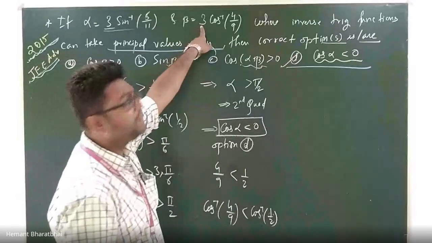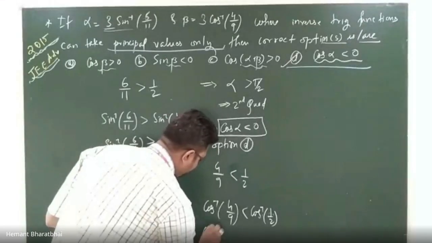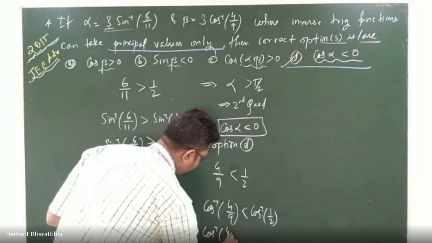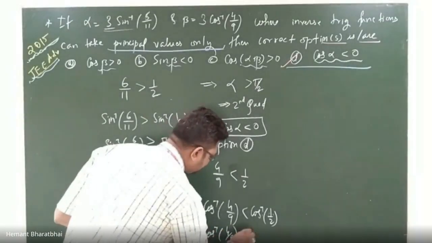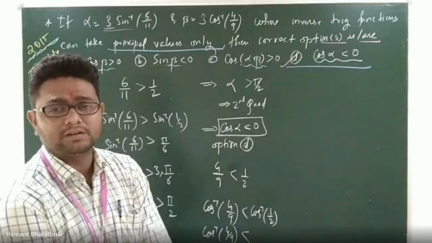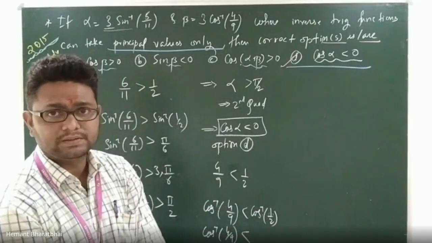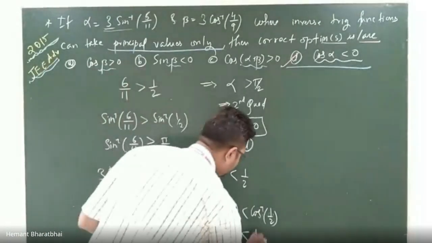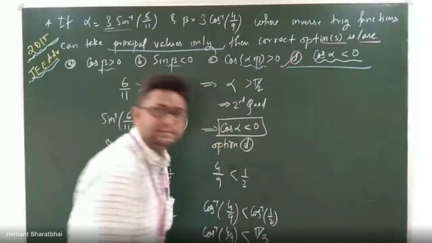Here in the question we have 3 cos inverse, therefore I multiply by 3. Before that, cos inverse of 4 by 9 is less than cos inverse of 1 by 2. 1 by 2 is cos of 60 degree. Cos 60 is 1 by 2, that is pi by 3. So here I'll get pi by 3.